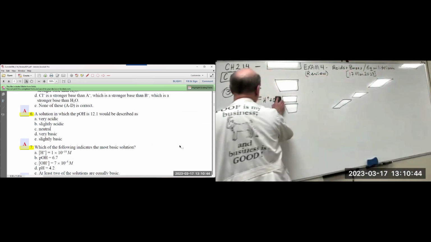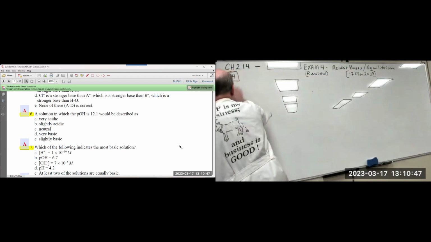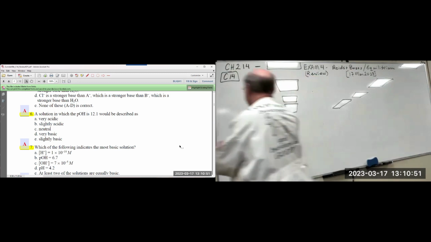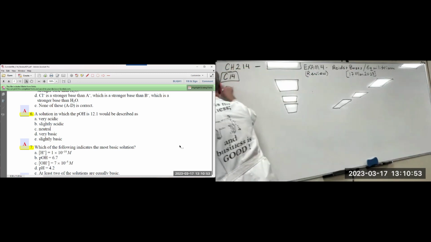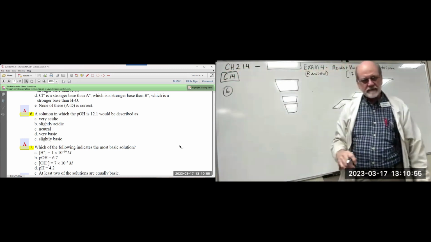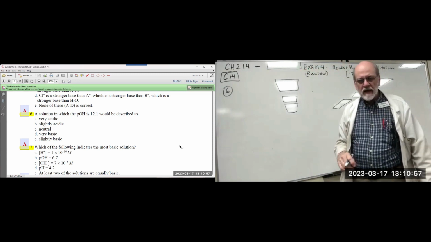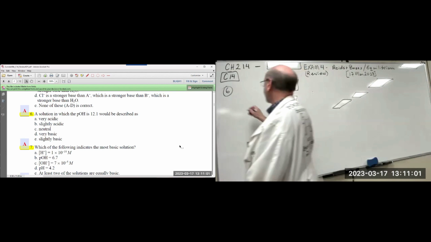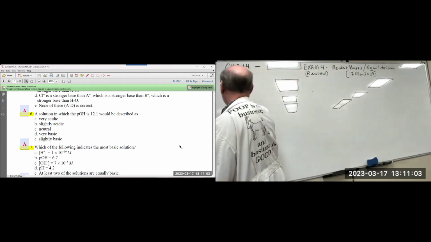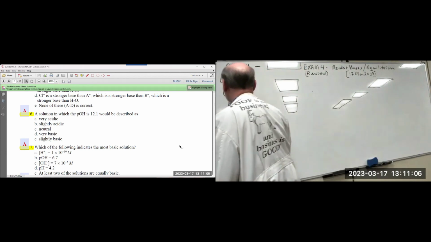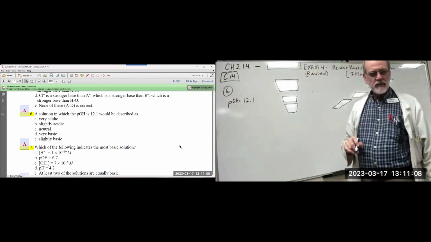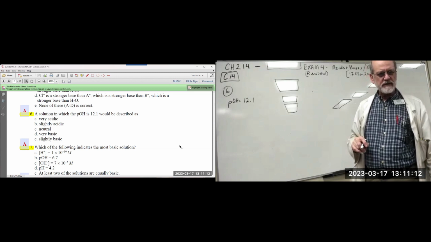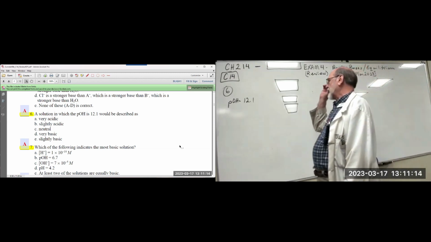Number 6. A solution in which pOH is 12.1 would be described as very acidic, slightly acidic, neutral, very basic, or slightly basic.